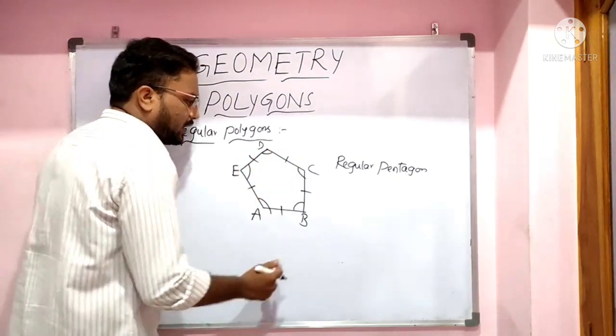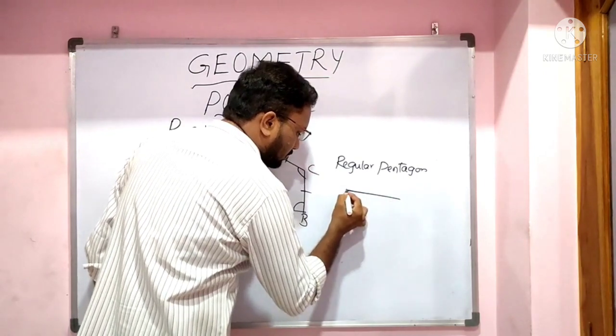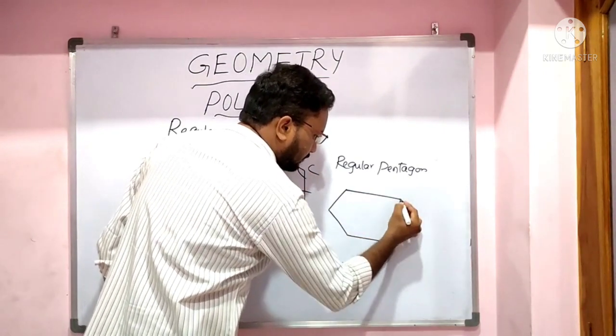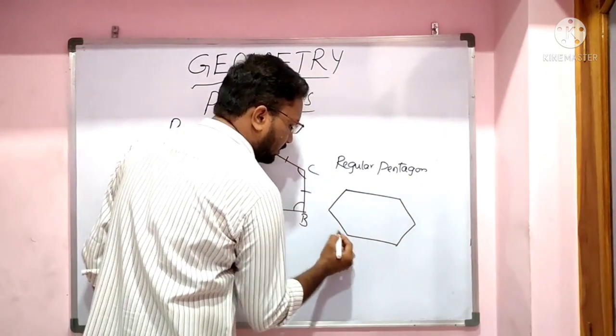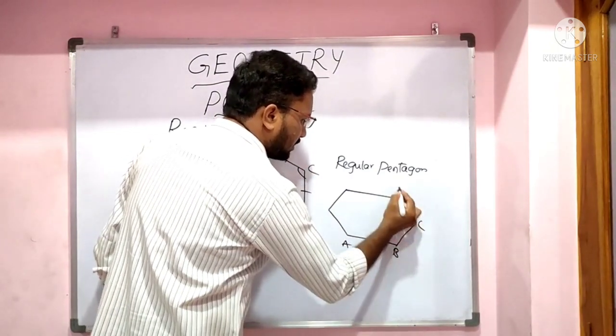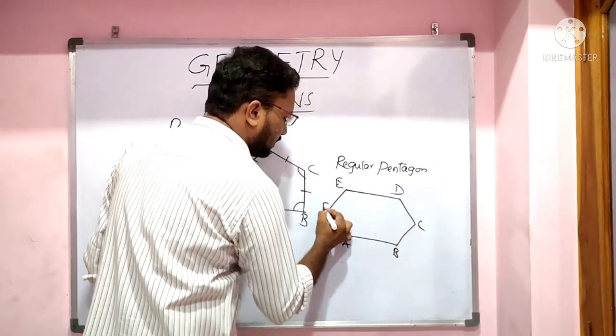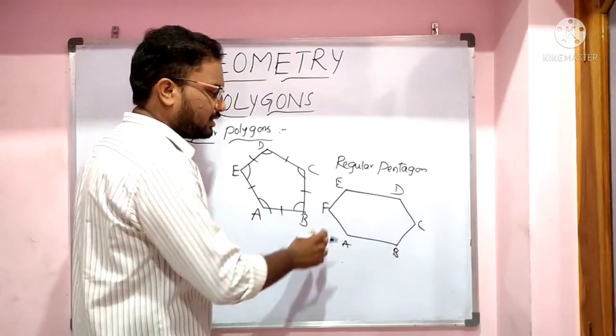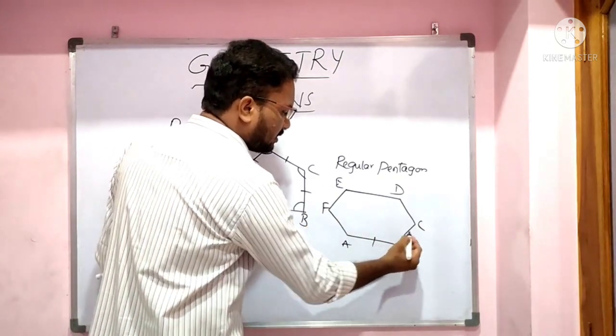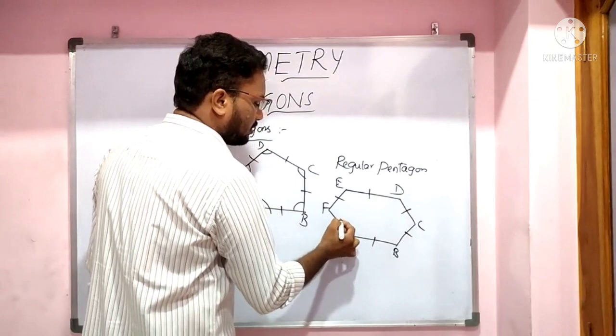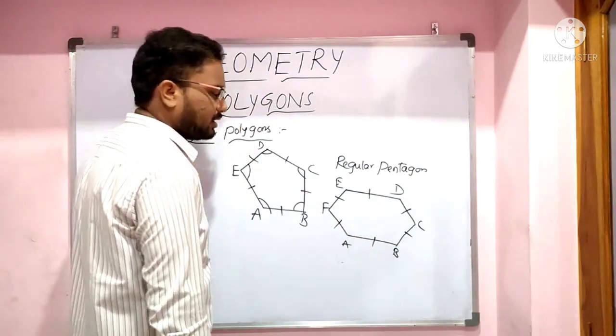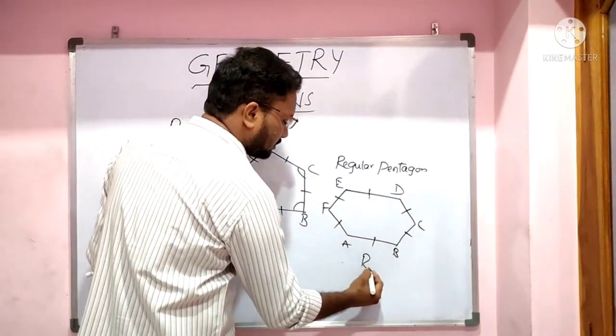Now A, B, C, D, E, F. It has 6 sides and all sides are equal, hence it is a regular hexagon.